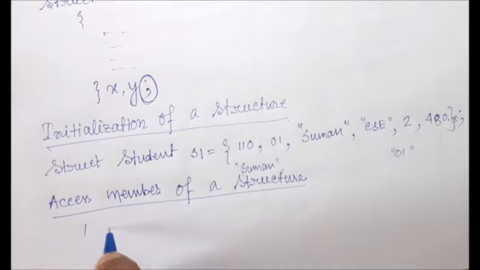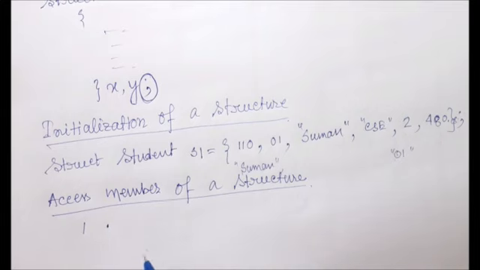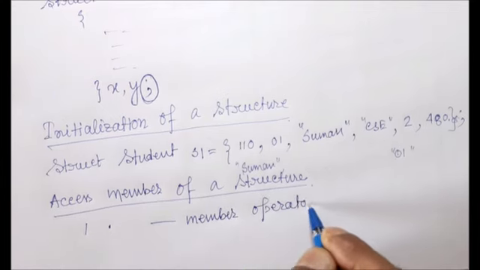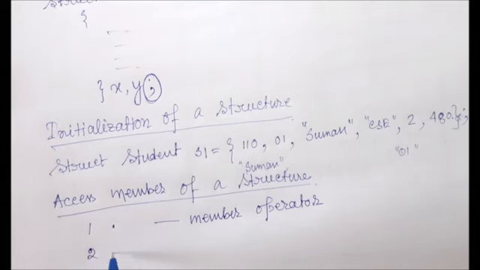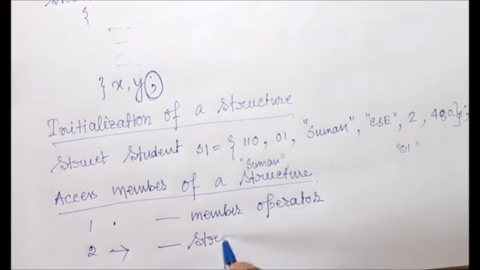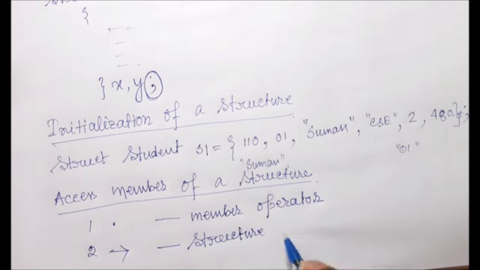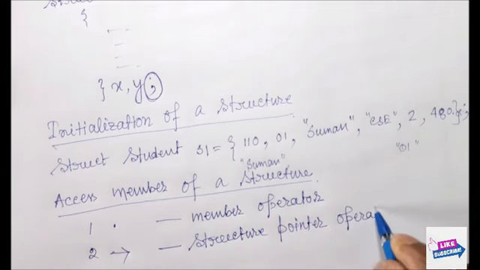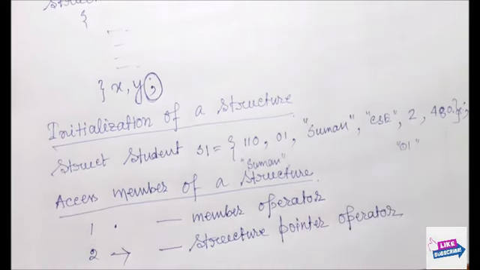First one is using the dot operator, that is called the member operator, and the second one is the arrow operator, that is called the structure pointer operator. We will use the structure pointer operator when we cover the pointer chapter. How do I access a member of a structure?